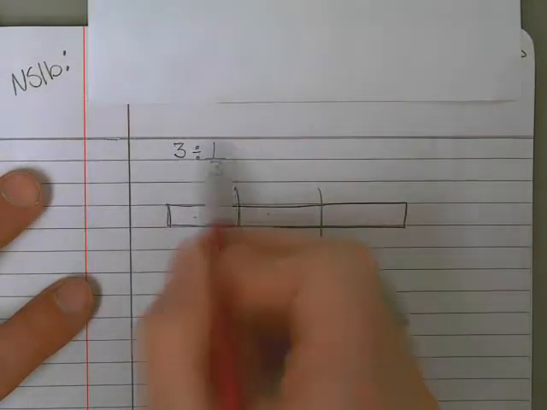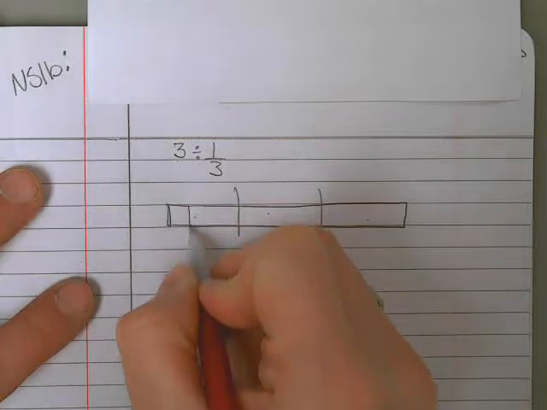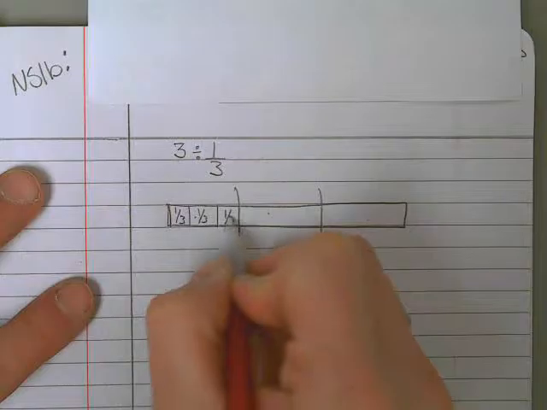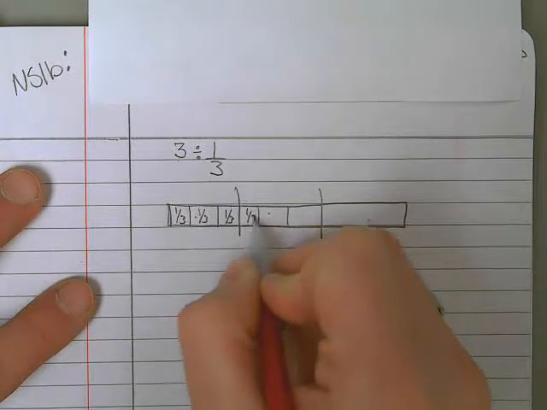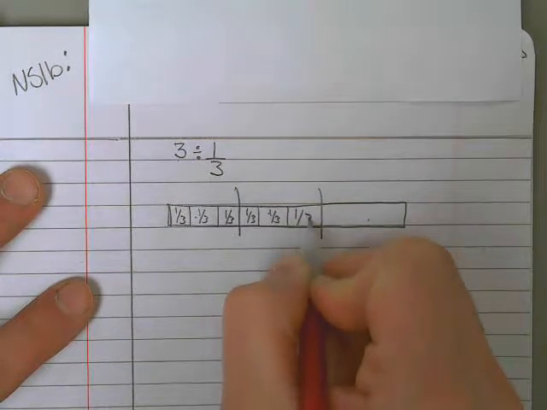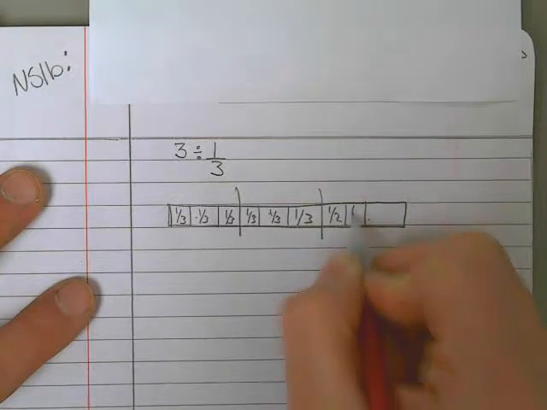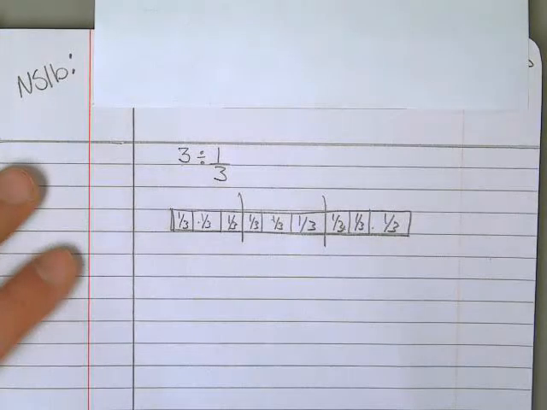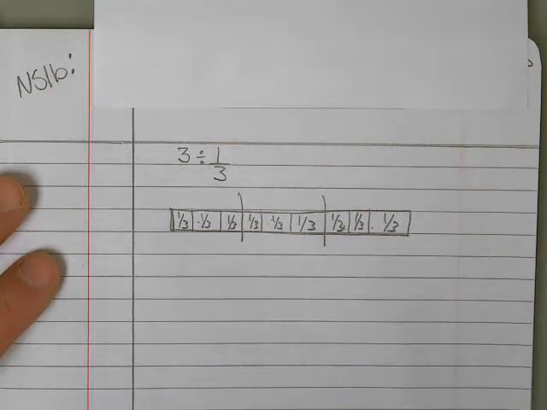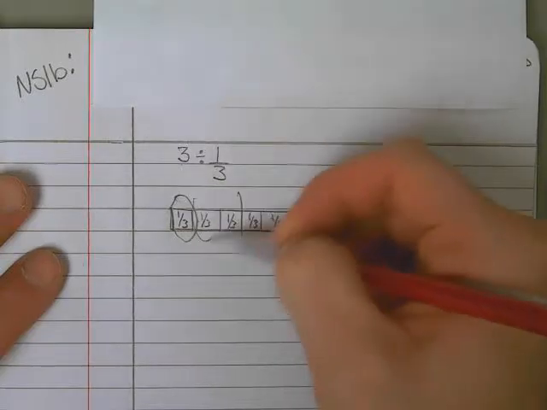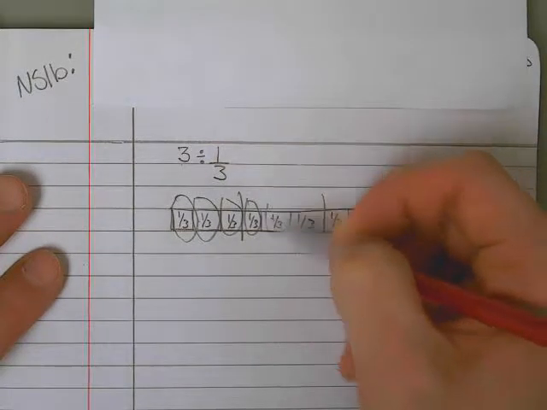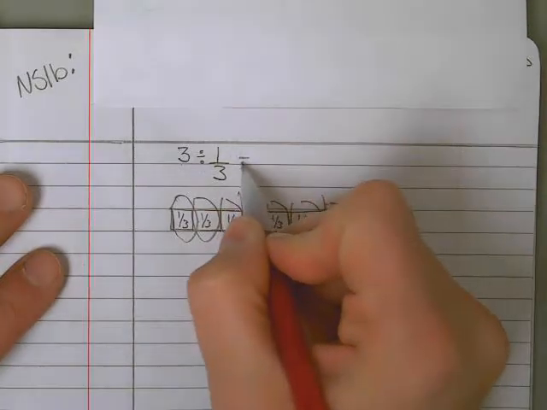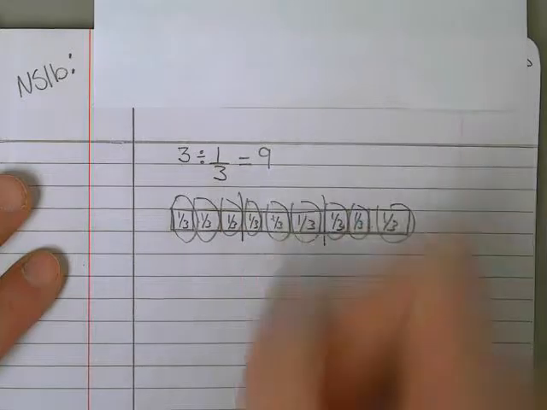And then because we want to know how many 1/3s, we would cut each of these into 1/3s. Again, we're answering the question, how many 1/3s do we have? So we have 1, 2, 3, 4, 5, 6, 7, 8, 9. So we know that 3 divided by 1/3 equals 9.